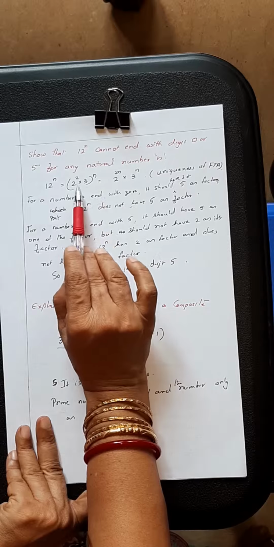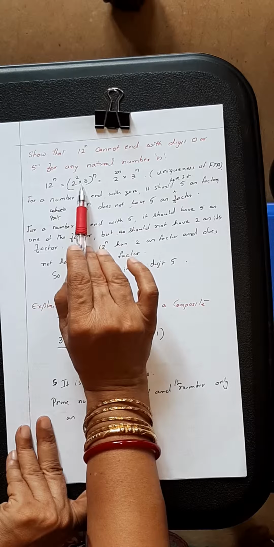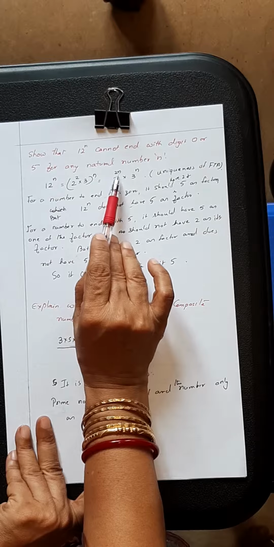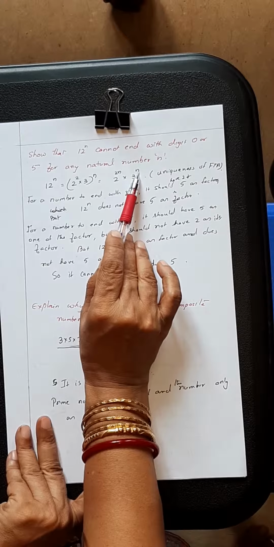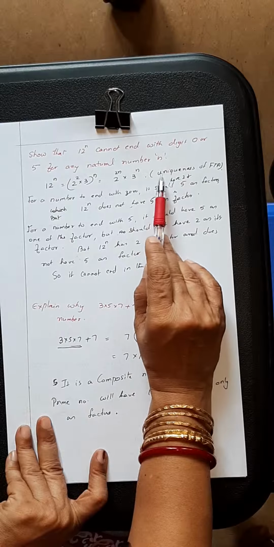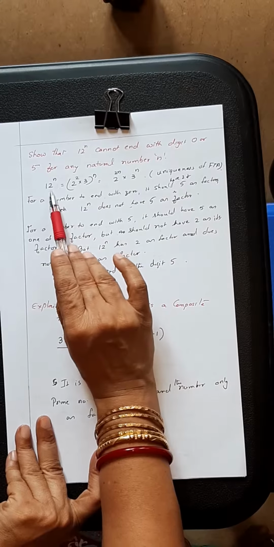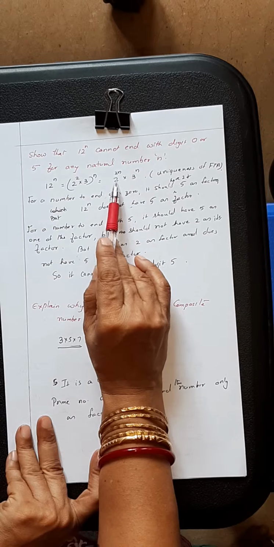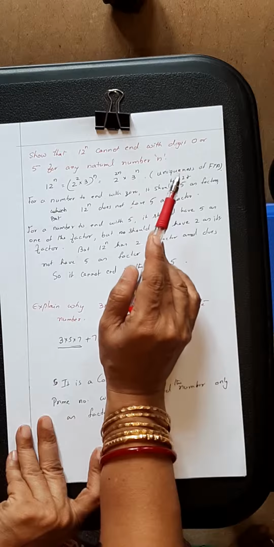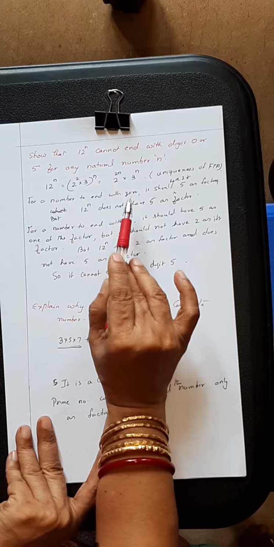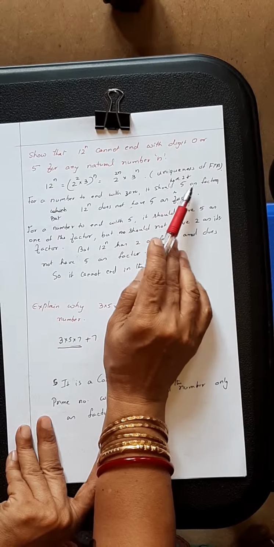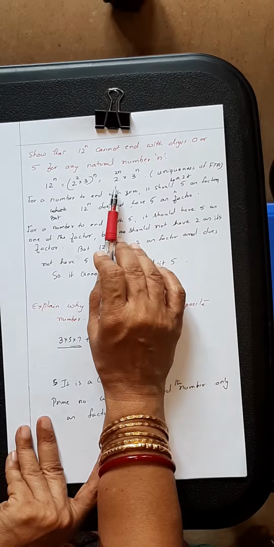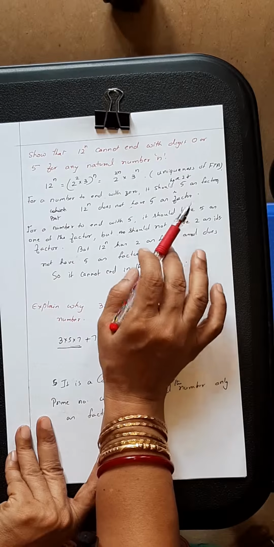You will get 12 to the power of n as (2 squared into 3) to the power of n, so 2 to the power of 2n into 3 to the power of n. By the uniqueness of FTA, 12 to the power of n can be expressed only as 2 to the power of 2n into 3 to the power of n. Now for a number to end with 0, it should have 2 and 5 as factors, which we discussed in the previous problem. It does not have 5 as a factor, so it cannot end with 0.